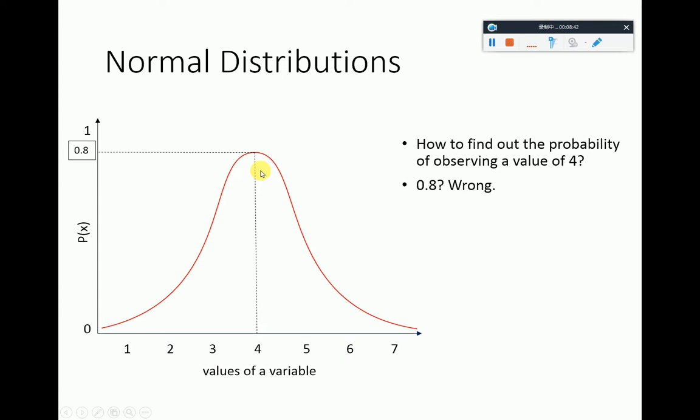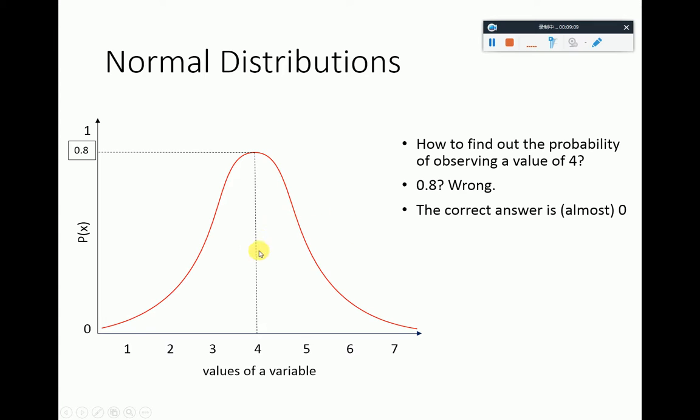It's not a matter of precision, but this method, this way of finding out probabilities under a continuous distribution, is fundamentally incorrect. So the correct answer for this question is actually 0, or technically almost 0, infinitely close to 0. That's the answer. You may say, well, how come?